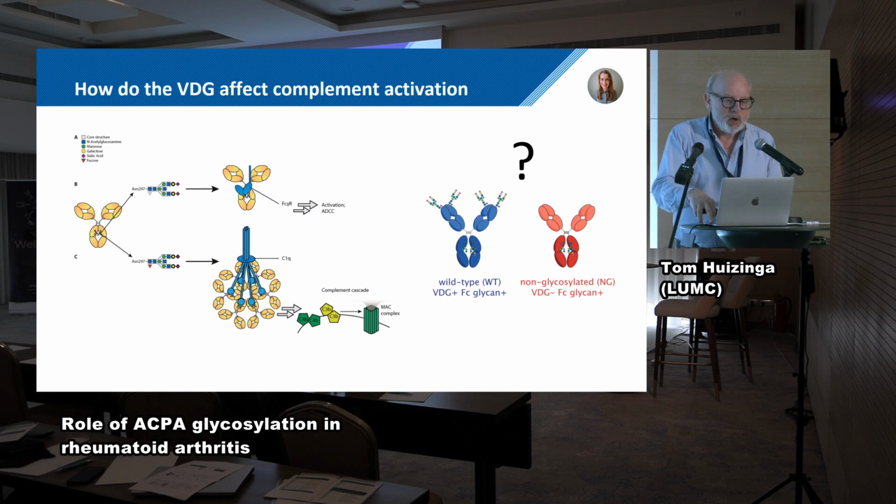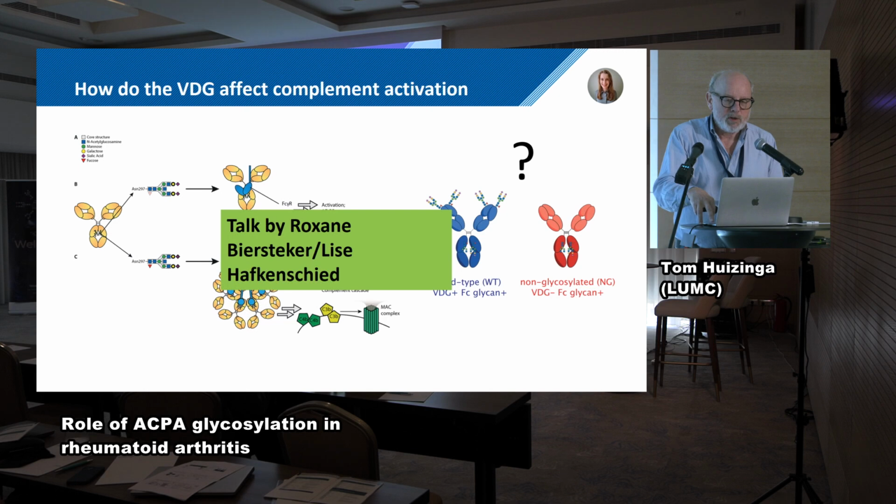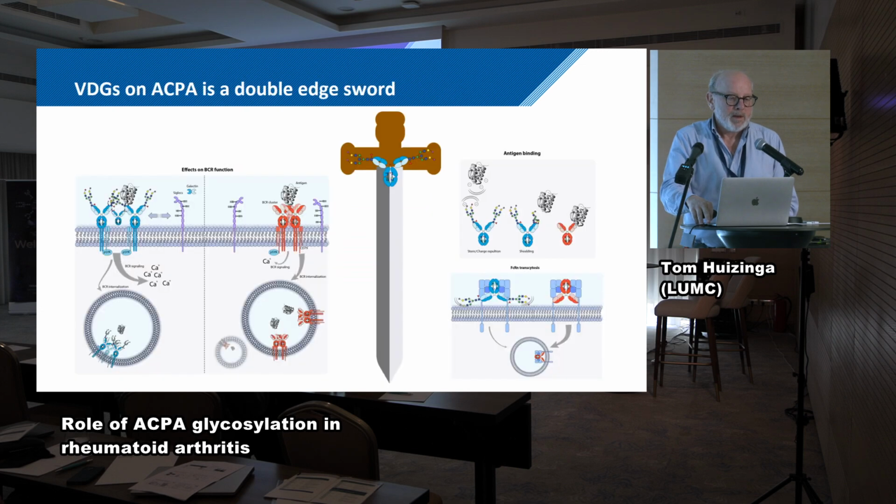I'm not going to spoil your fun because Lisa will talk about it later, but the hypothesis is that it would affect complement activation because it has such a big influence. So V-domain glycosylation on ACPA is a double-edged thing.